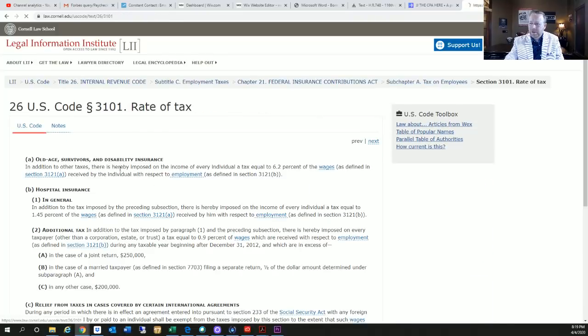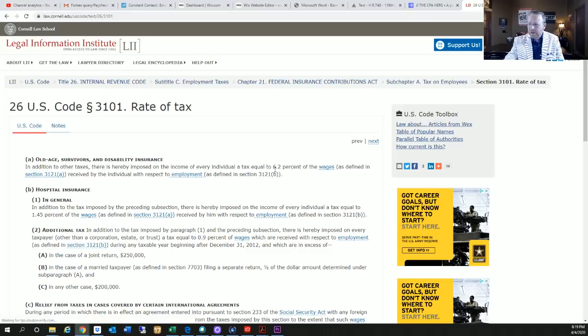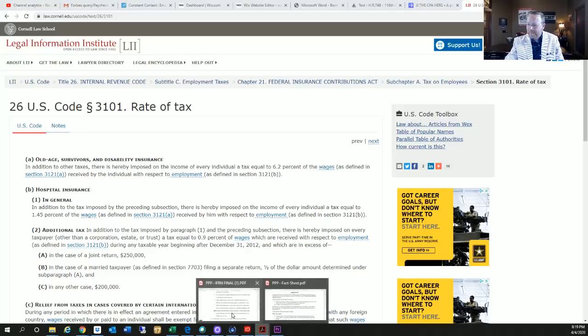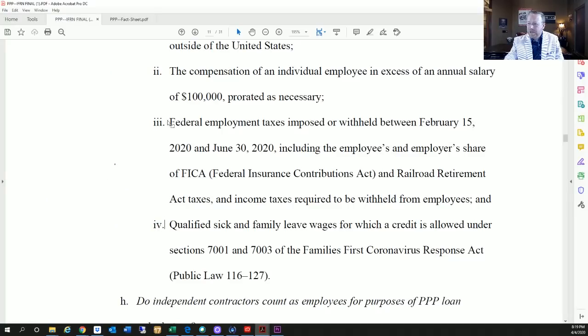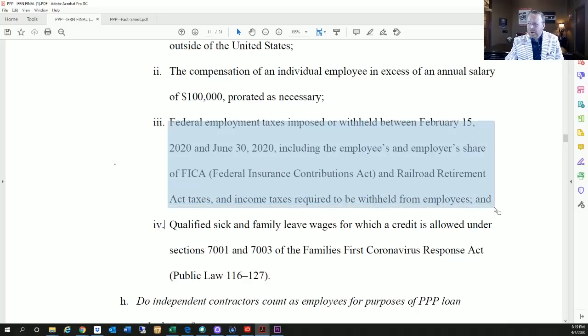Look at rate of tax, and it's defining what wages are subject to this tax. So when we look carefully and say, well, I guess we don't get to include those taxes in forgiveness. Well, the way that's written, that'd definitely be the conclusion.